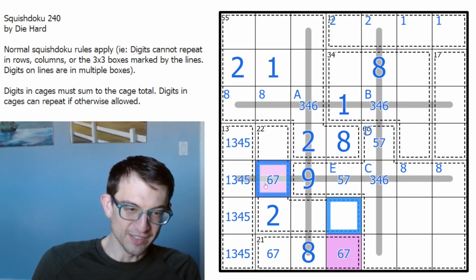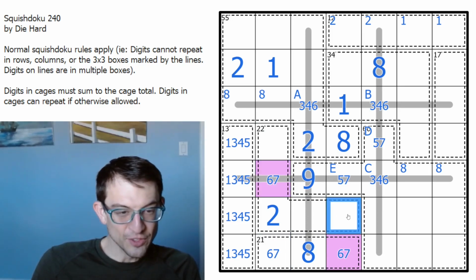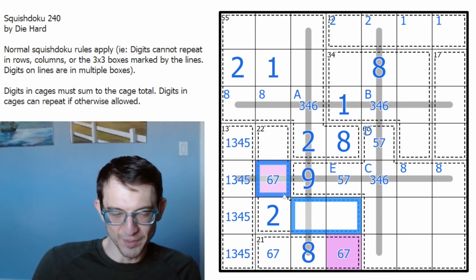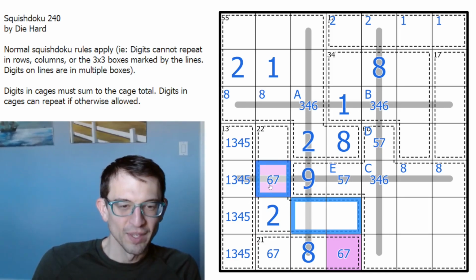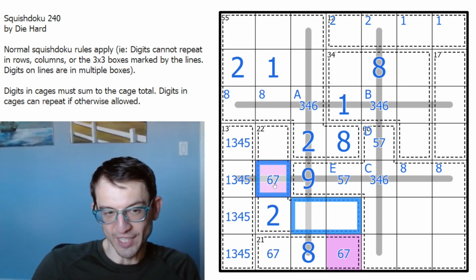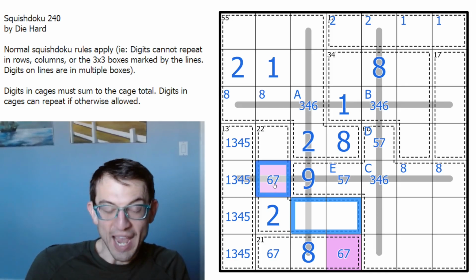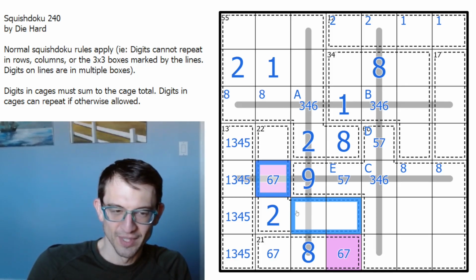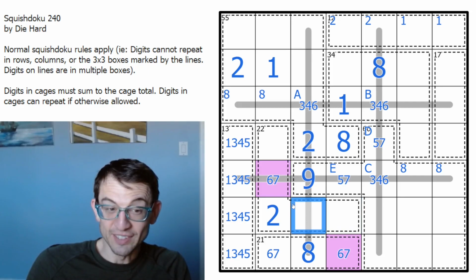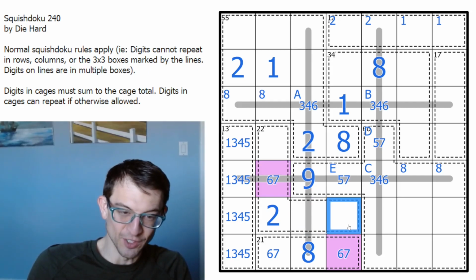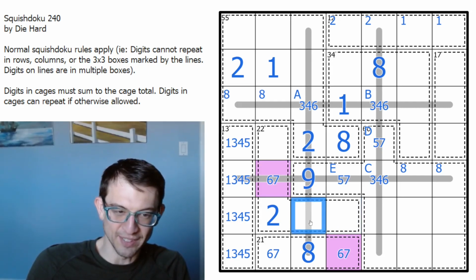Maybe I could have 7, 6 like that, but keep that in mind. There's definitely a 7 in the puzzle. Given there's a 7 in the puzzle, do I have to also have a 6 in the puzzle? If I have to have a 6 in the puzzle, it's going to go here, right? Because I can't put a 6 here.